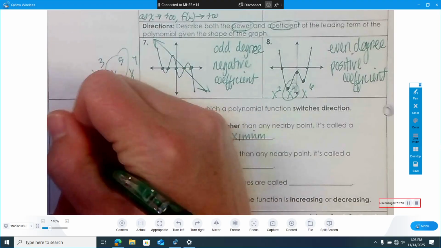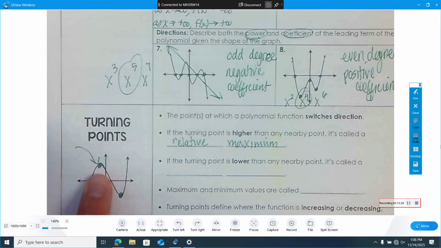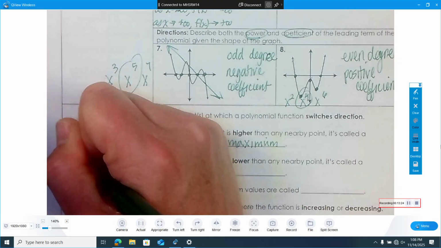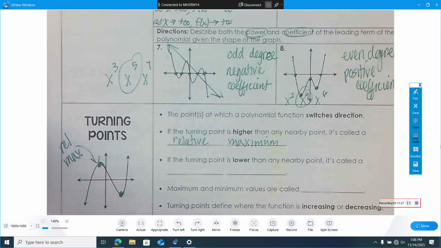So right here, this turning point would be called a relative maximum. Relative maximum right there, that turning point where it changes, crests the hill, so to speak. That's the top of the hill, all right?